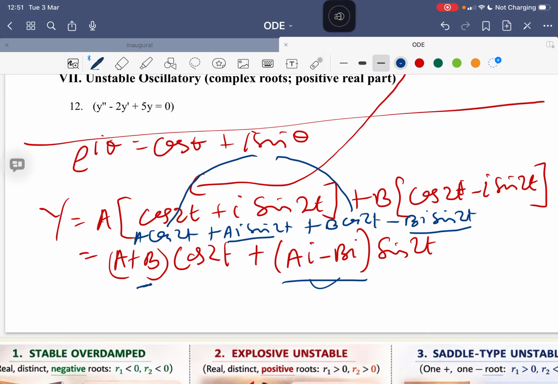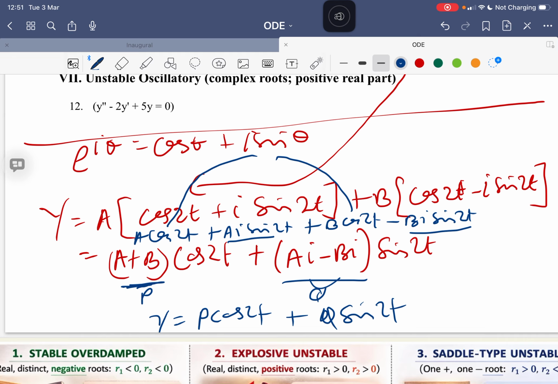Since a is constant and b is constant, I can call this p. a i and b i are constant, so I can call this q. So my simplified result may be just p cos 2t plus q sin 2t.